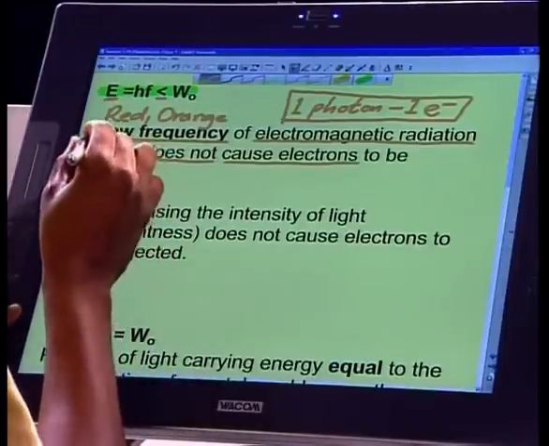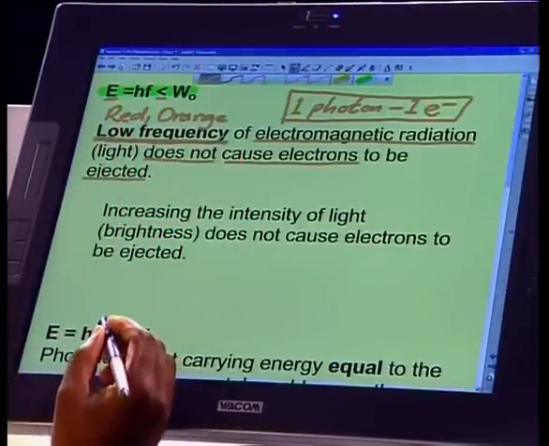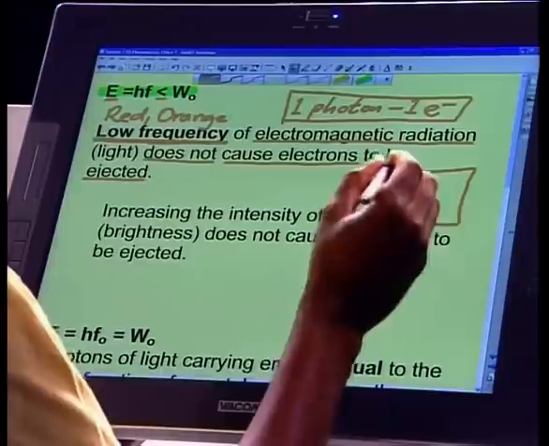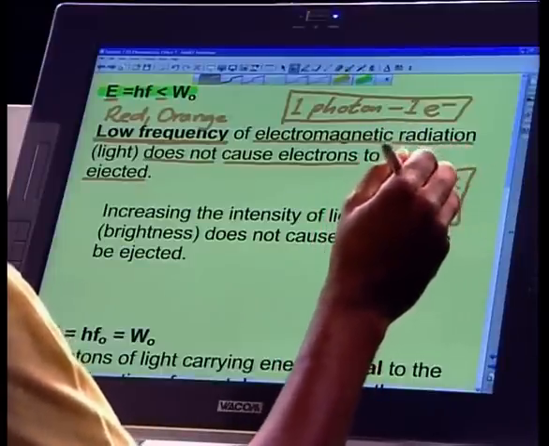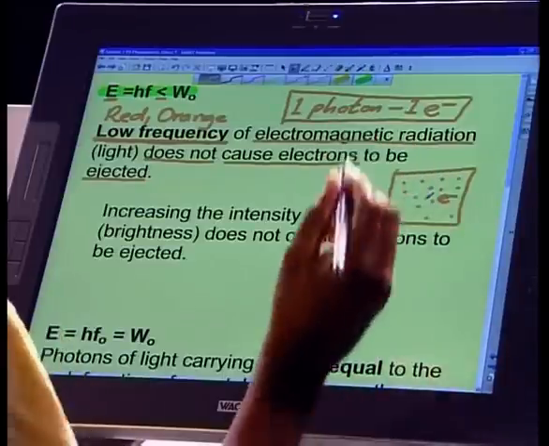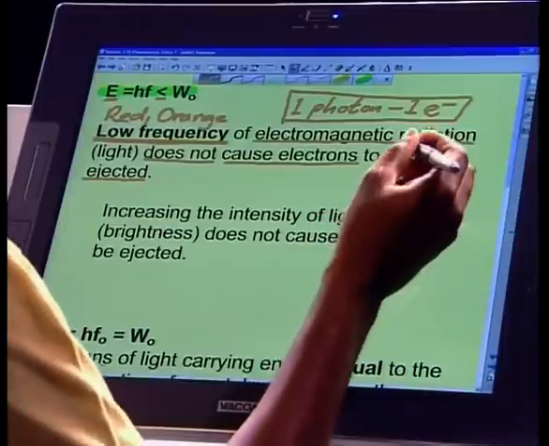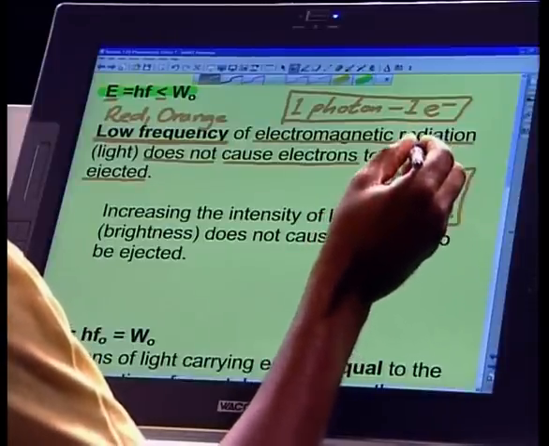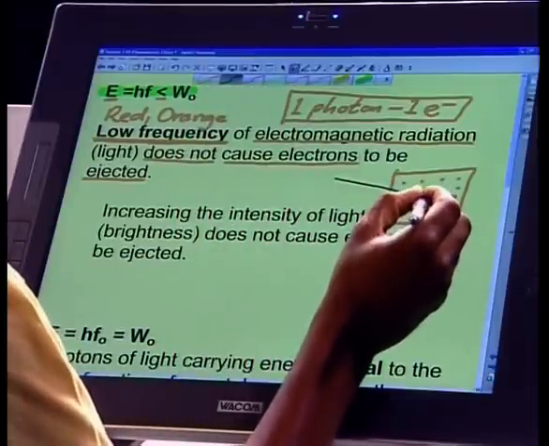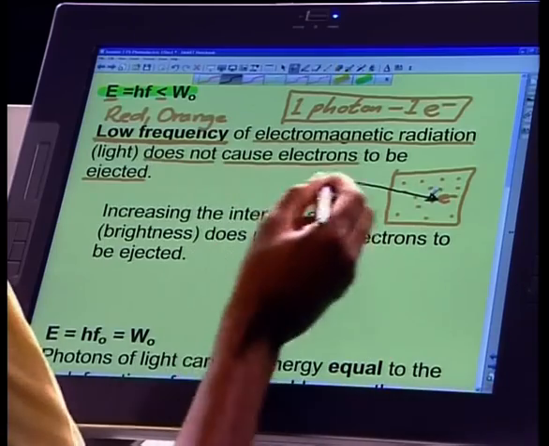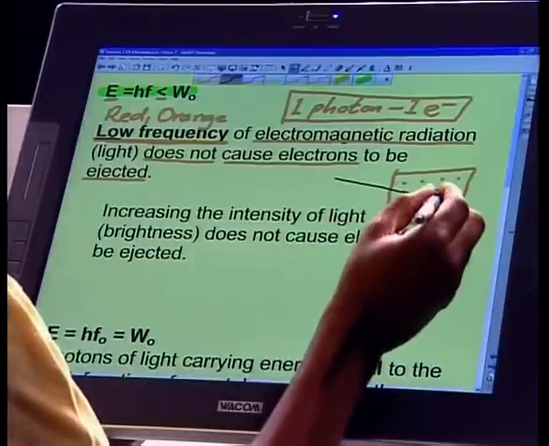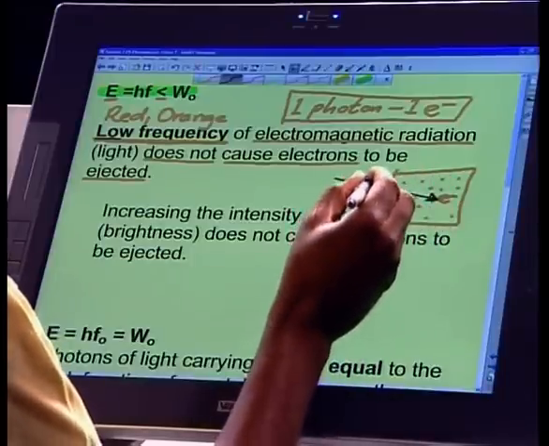But in this situation, we know that no electrons are going to be ejected. You've got electrons on that metal surface, and you shine some light there, hitting the electrons. This light is of low frequency. It does not carry enough energy, so the electron won't be ejected.